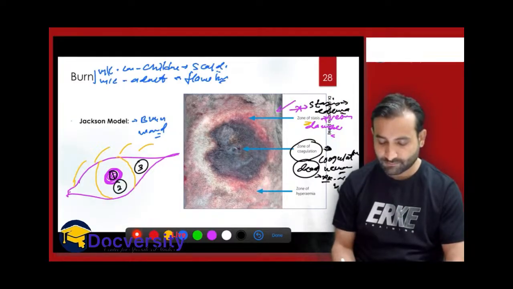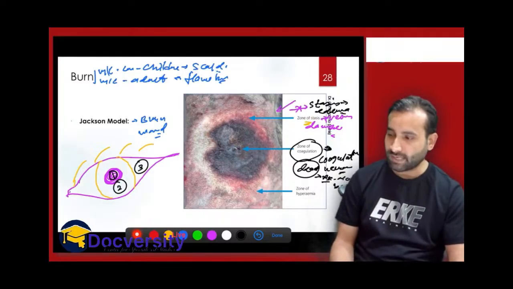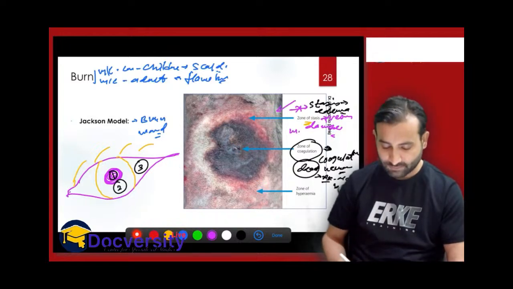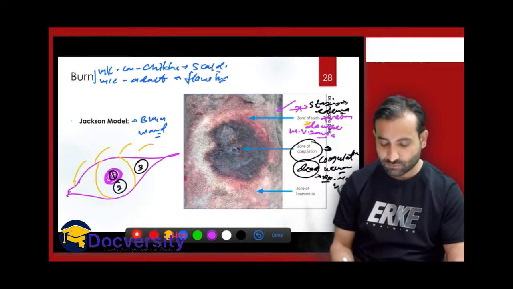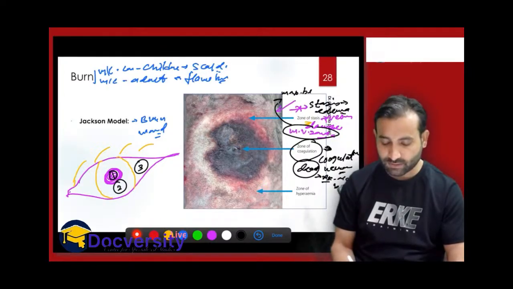So that it produces what? Edema. So this is also called the zone of edema. And this zone is very much vulnerable, the most vulnerable zone. But this zone also has the maximum benefit if you treat on time.